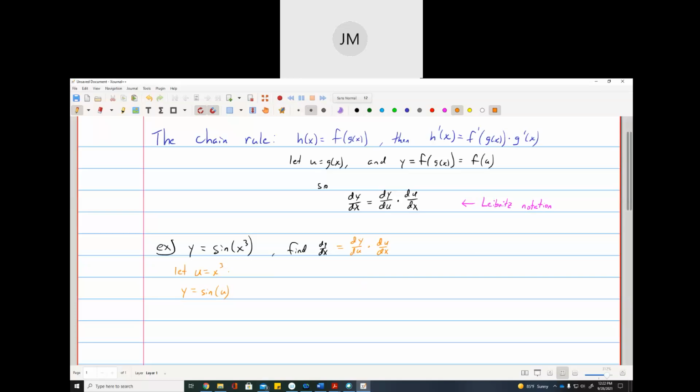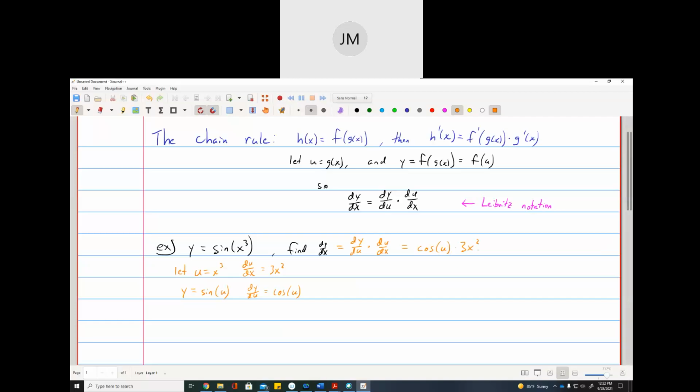If u is x cubed, then the derivative of u is 3x squared. If y is the sine of u, then the derivative, where I treat u as my variable, is just cosine of u. So then this is going to become cosine of u times 3x squared.